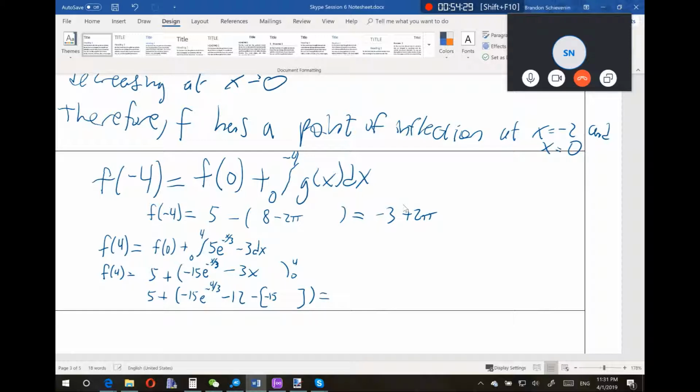Okay, so that gives me negative 12 plus 15 is 3, plus 5 is 8, or 8 minus 15e to the negative 4/3 is equal to f of 4.